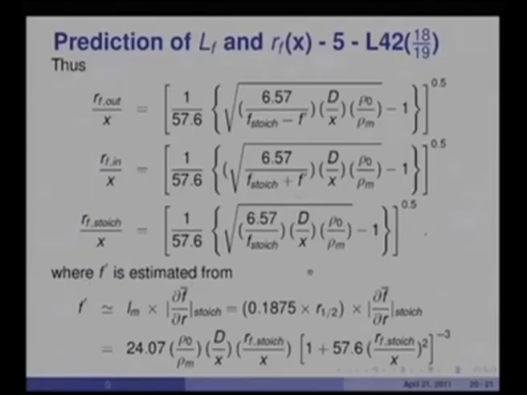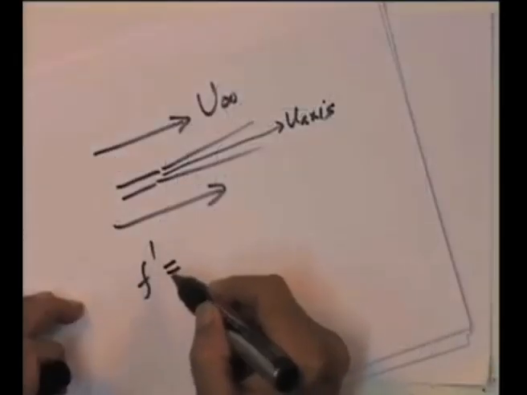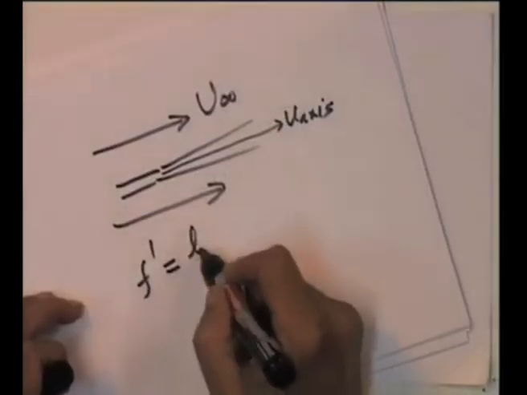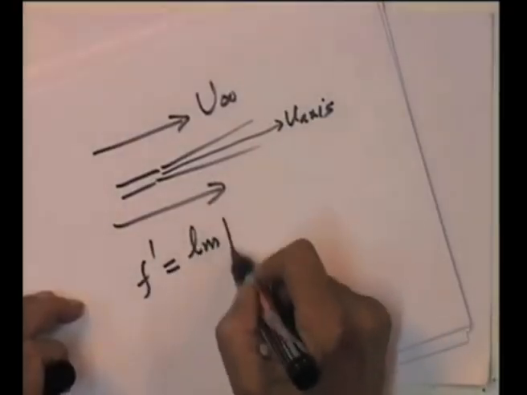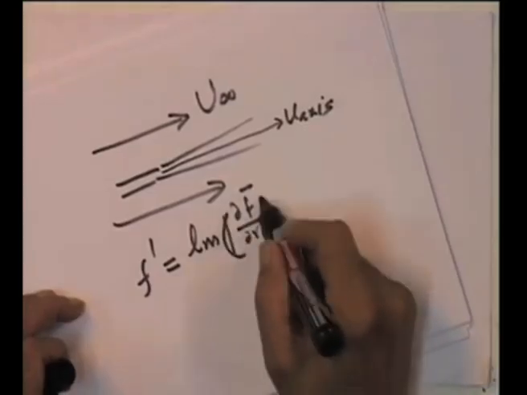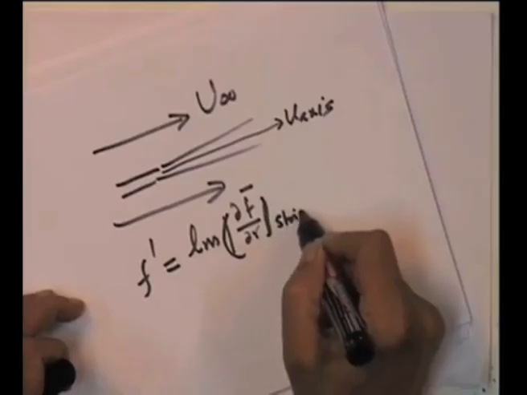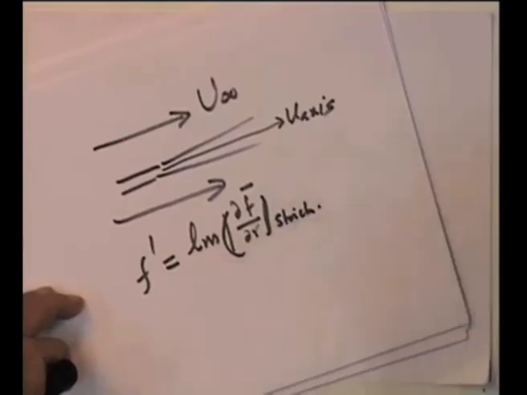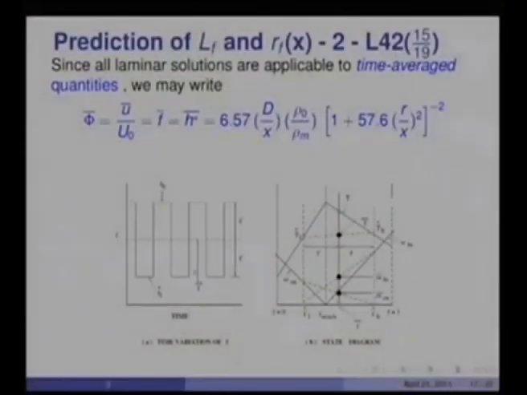Now, f dash is determined from a mixing length formula, and Spalding recommends that f dash be evaluated as the mixing length L m times d f bar by d r under stoichiometric conditions. So, the f bar solution is already known to you. This is the solution for f bar.